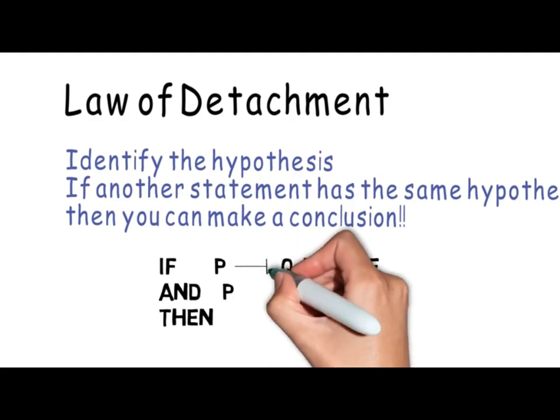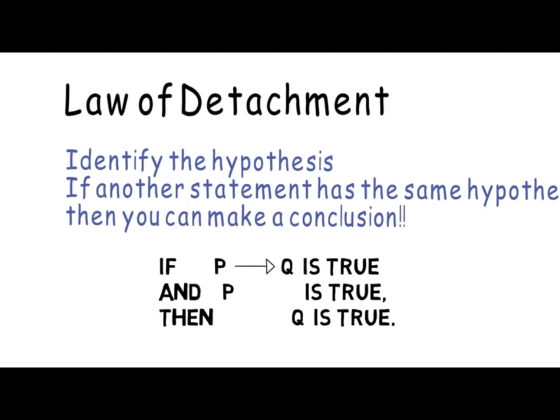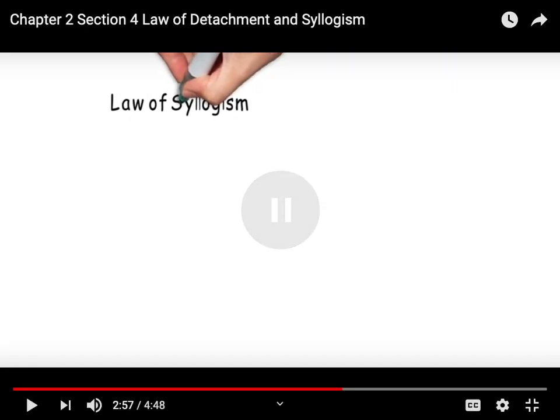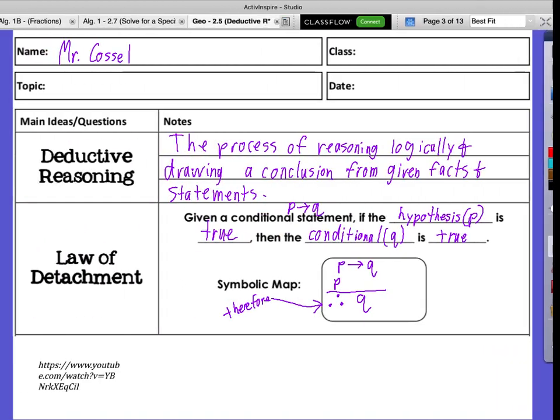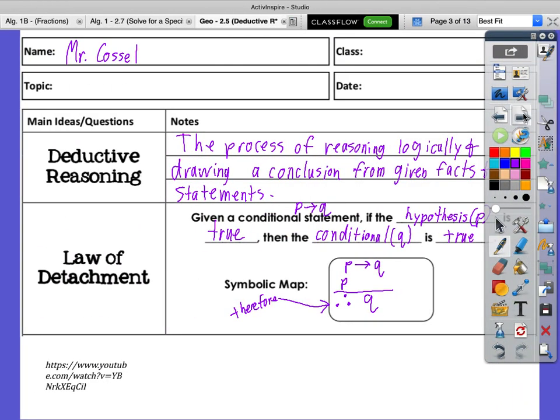Putting it into our symbolic notation, if P then Q is true, and P is true, and again, P is just a restatement of the hypothesis. It doesn't have to be word for word verbatim. Well, then Q is true. Hopefully that's a little more of an explanation for us as we go through it.